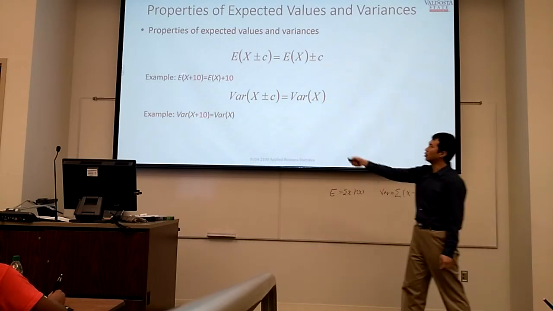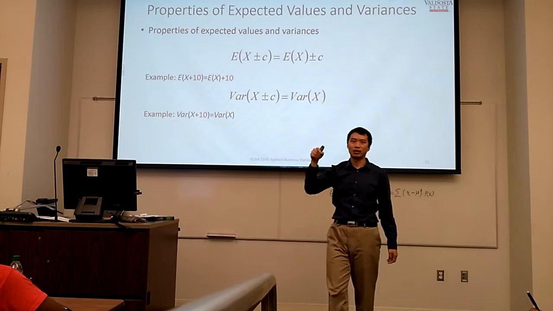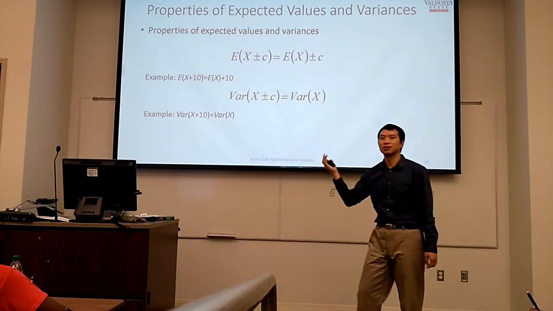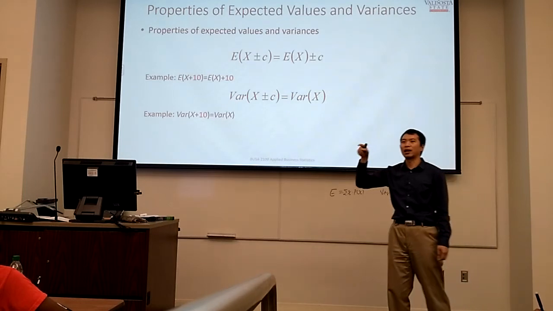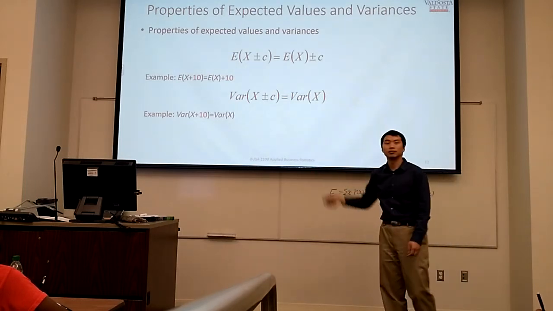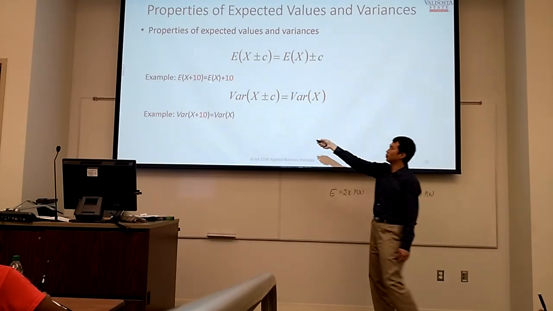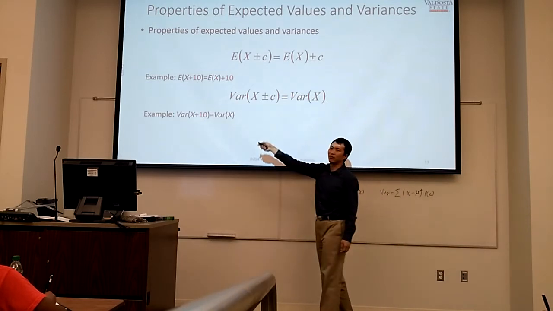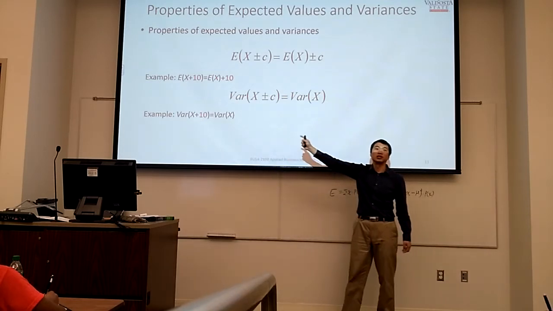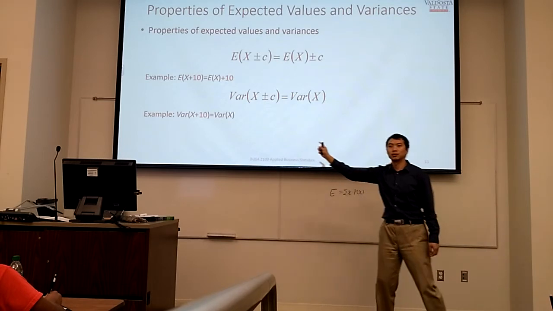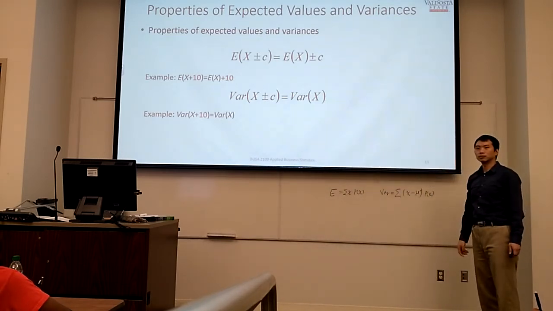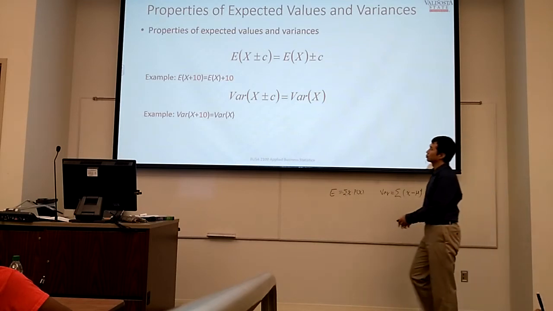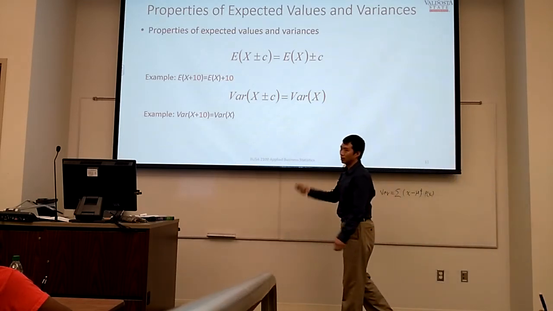So if we know the expected value of X, assuming we know that, and we need to calculate the expected value of X plus 10, then it's equal to this expected value plus that constant, which is 10. So that's the first property.